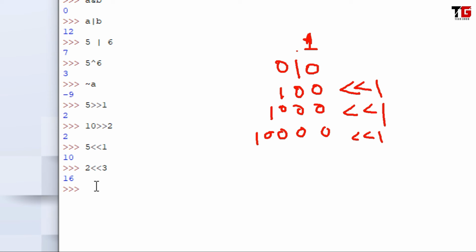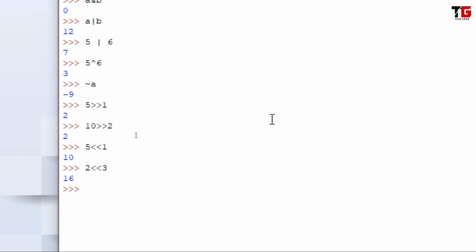Friends, this is 1, 2, 4, 8, 16. So right now I have the code for 16. That is my answer. Friends, now I am going to tell you a shortcut to calculate left shift and right shift.